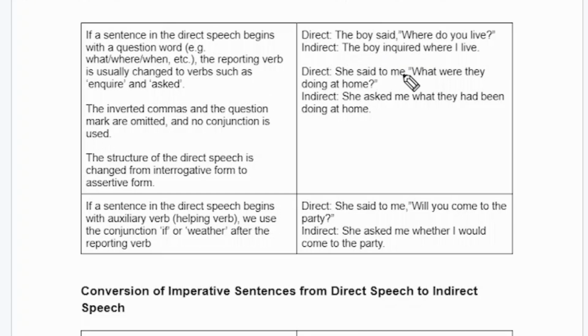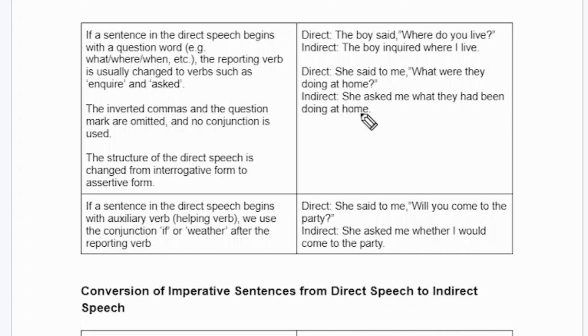Direct: She said to me, what were they doing at home? Indirect: She asked me what they had been doing at home.